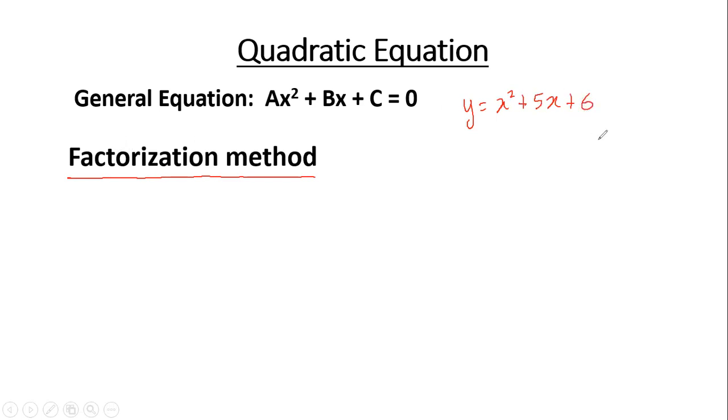If I want to solve the quadratic equation, I'll simply put y is equal to 0, and the equation will become x square plus 5x plus 6 is equal to 0.